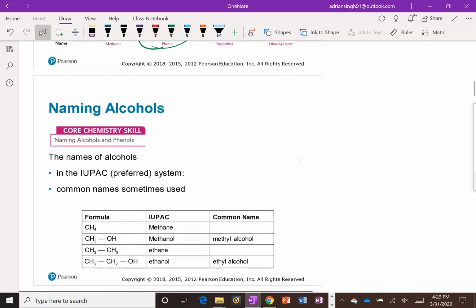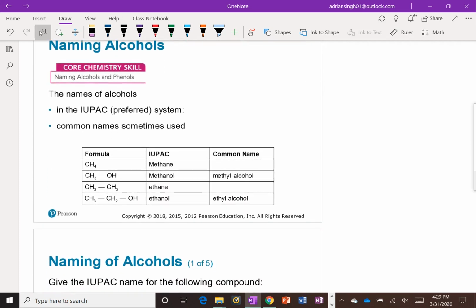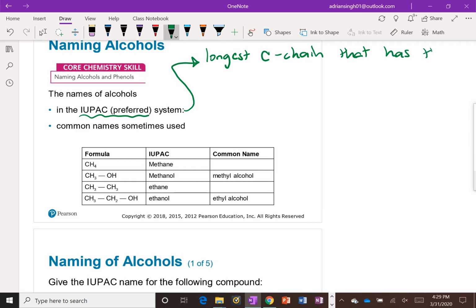All right, so we're going to focus in first of all on our alcohols, and we're going to name them according to the IUPAC or the systematic way. And the way that we're going to name these alcohols is similar to the way that we've named all our molecules so far. We want to get the longest carbon chain that has the OH group, the alcohol group, attached to it.